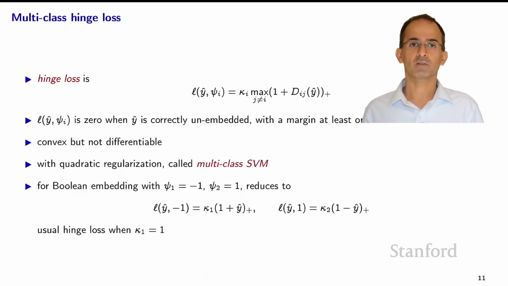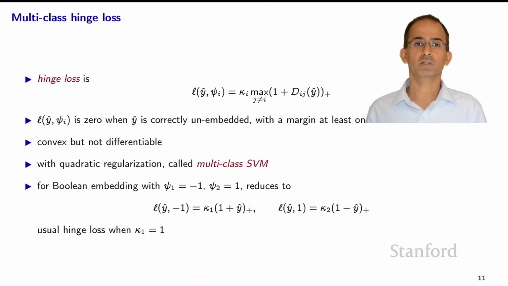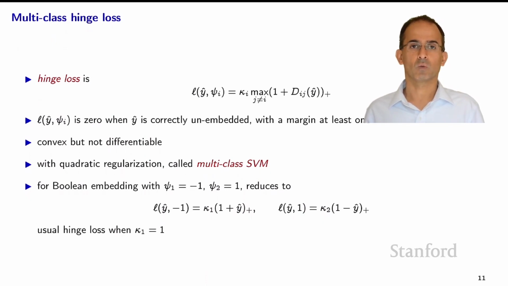If you use quadratic regularization, then it's a multi-class support vector machine. If we have a Boolean embedding, then psi1 is -1 and psi2 is 1, then it reduces to the usual hinge loss that we've seen before. It's 1 plus y hat, the positive part, times kappa 1, when y is -1. And it's the flip of that when y is 1.